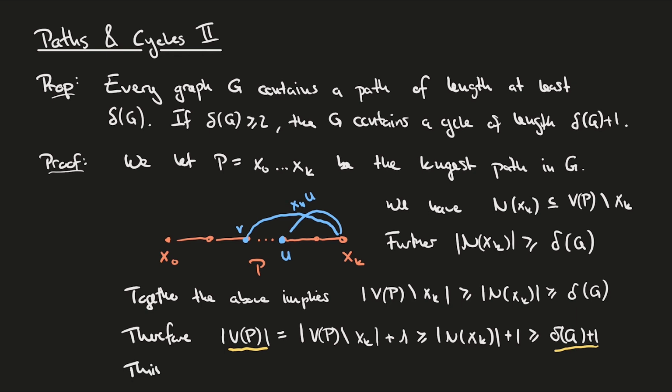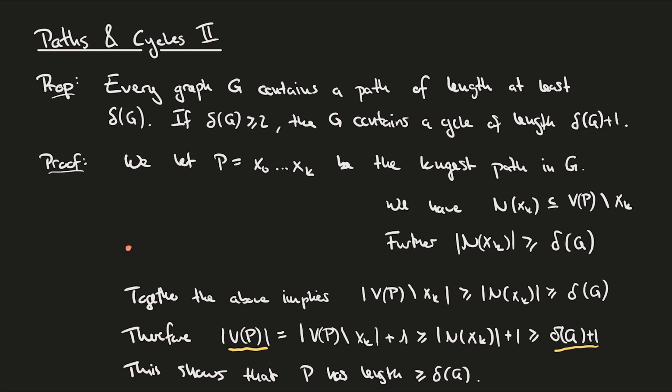This shows that the length of P is at least delta G, because a path on n vertices has length n minus 1. With this, we've shown the first part of the proposition, and we now turn to the second part, which claims that G also has a cycle of length at least delta G plus 1.